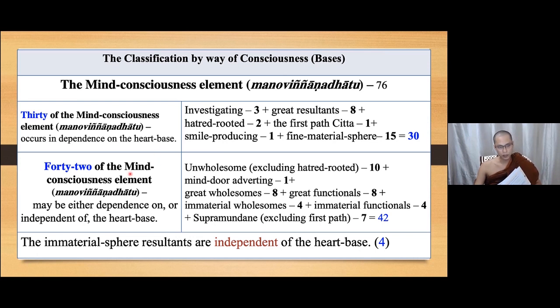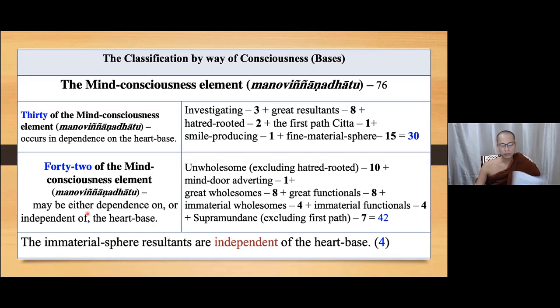And the other 42 of the mind consciousness element, meaning among the 76, the other 42 of the 76 Manovijnana Dhatu, may be either dependent on or independent of the heart base. When they arise based on any materiality, there must be the heart base as their base.